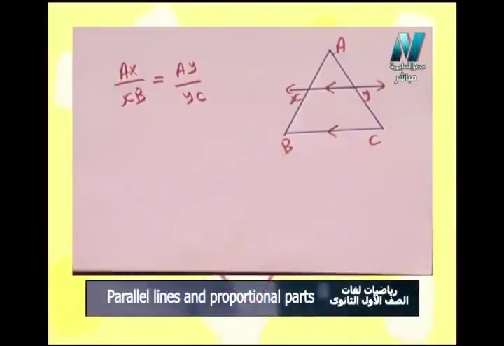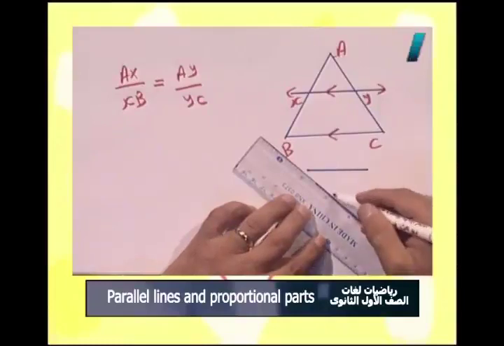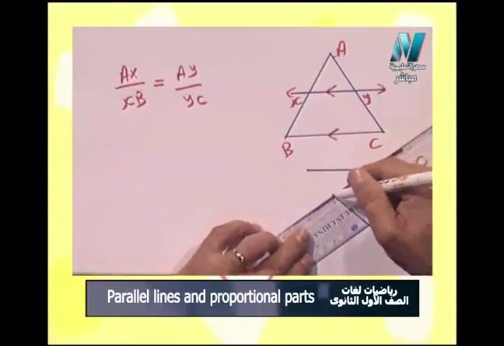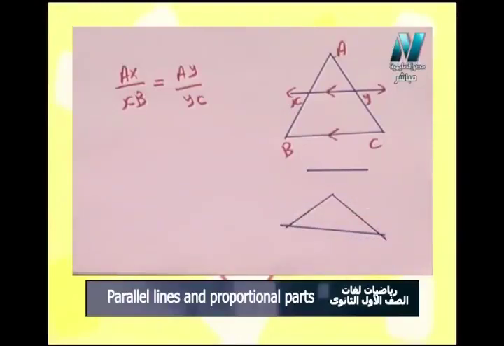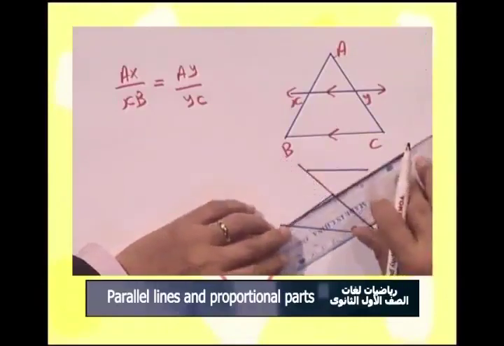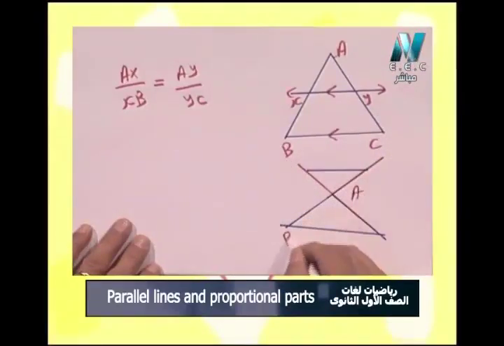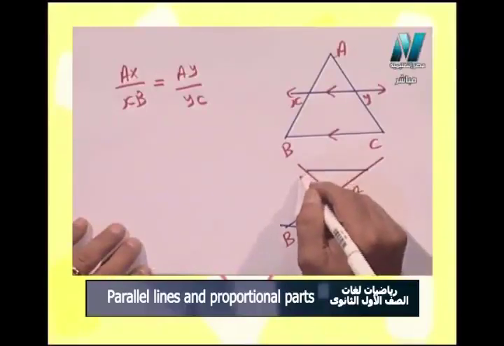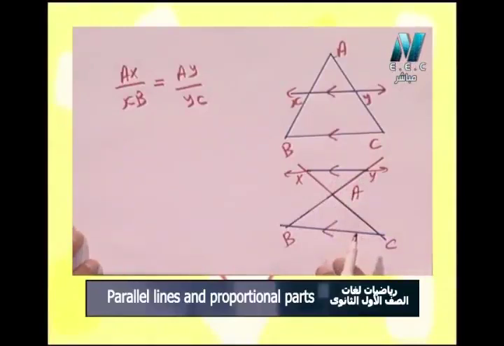That's a figure. We have many figures here. If we have a straight line like that, and we have a triangle like that, and if you expand the straight line here, and expand this line here like that, and we have the triangle ABC as before, and the same straight line XY, and XY parallel to BC, then we will have the same ratio.